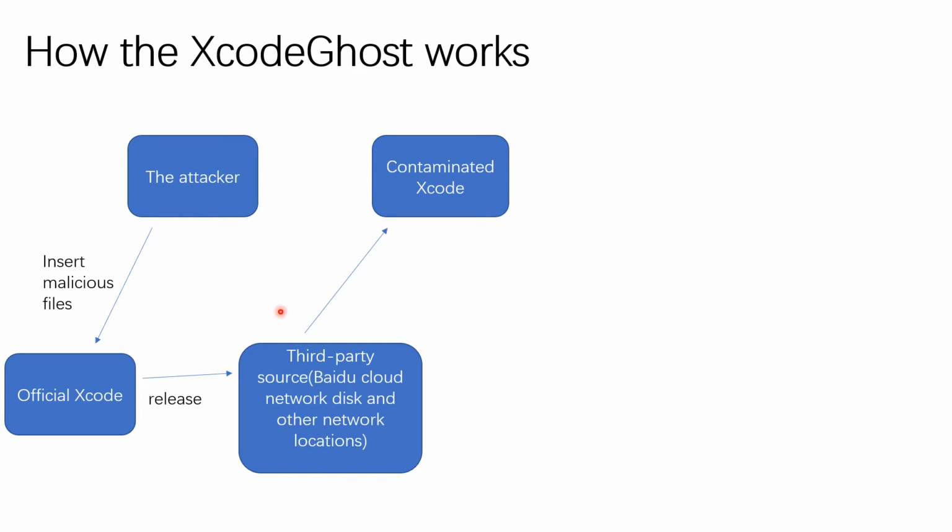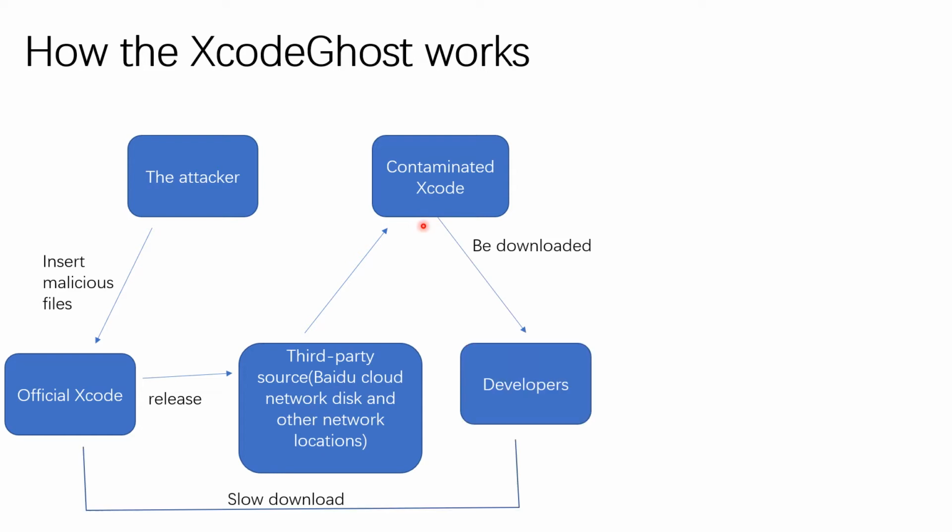The attacker broadcasts the download address through forums and other ways. Thirdly, due to the slow download speed of the official Xcode, some developers get it from the third-party source.